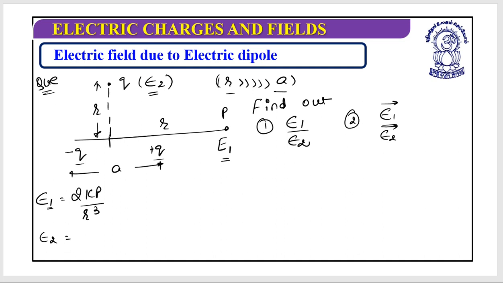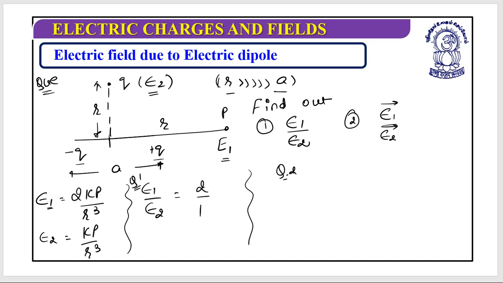At the equatorial position the value is kp by r cube. Now I need E1 to E2, so if I take the ratio I easily get 2 is to 1. This is the first question that I have solved.